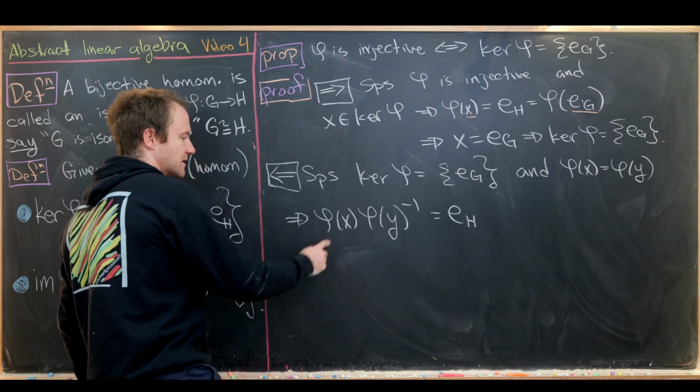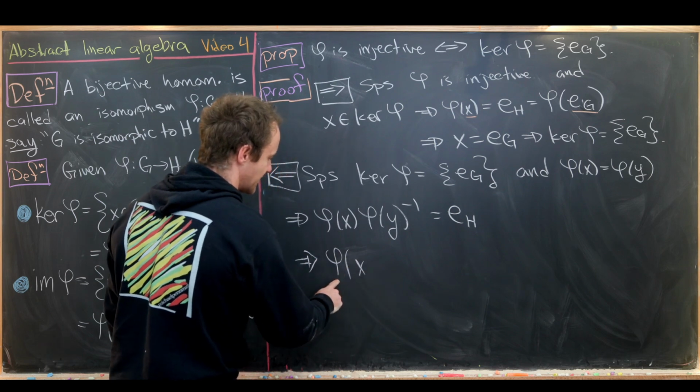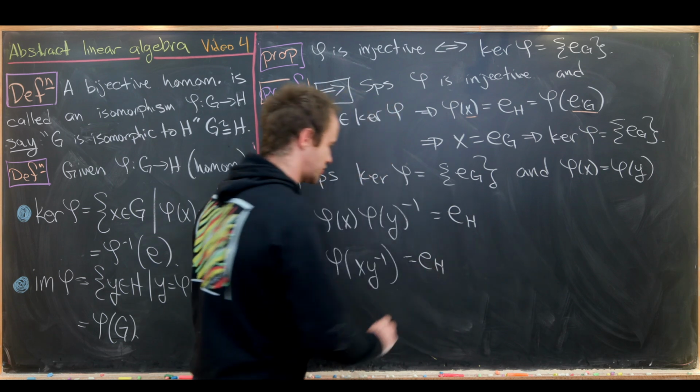But next, we can combine the things on this left-hand side using properties of homomorphisms to rewrite this as phi of X Y inverse is equal to E_H.